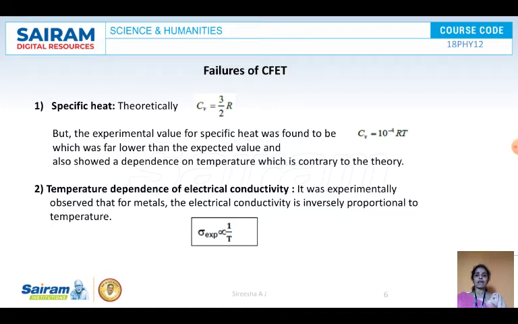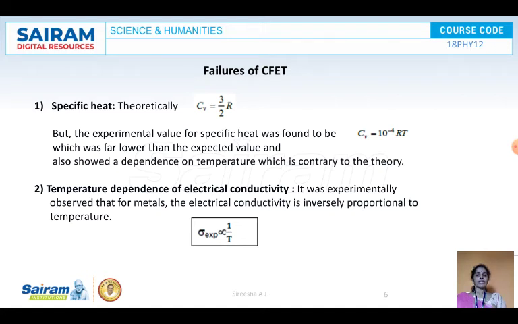But the experimental value of specific heat was found to be Cv is equal to 10 to the power of minus 4 RT. If you look at these two equations, theoretically it is 3 by 2 R, but experimentally it is 10 to the power of minus 4 RT. There is a lot of difference between the experimental and theoretical values, and experimentally the specific heat is dependent on temperature, but theoretically it could not be explained.